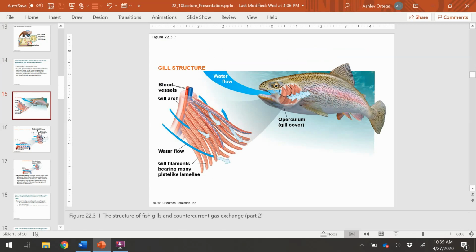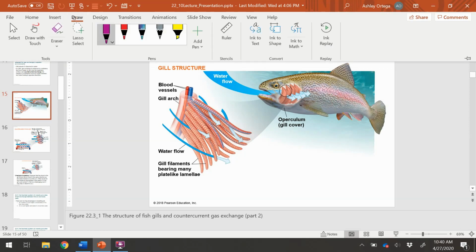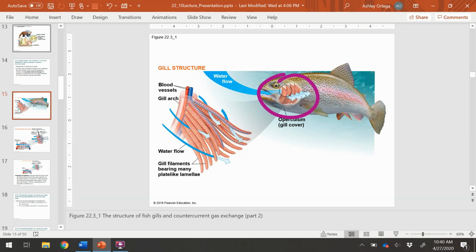Here we can see the fish and its gills in the image. This fish, a ray-finned fish, is going to have the operculum, a gill cover, that's not displayed. So you can see the gills here. And then here, looking at the gill structure, there's a main gill arch that goes from, in this case, near the eye of the fish down to the ventral side of the fish that contains large blood vessels.